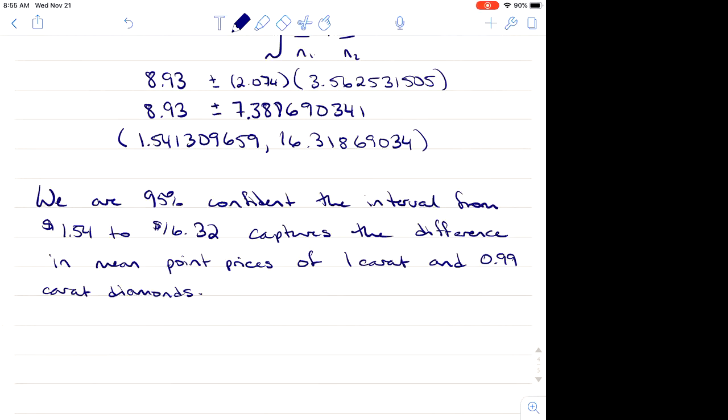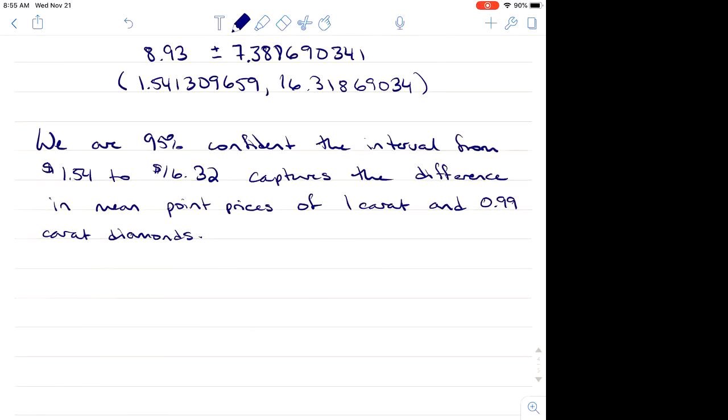If 0 was in this interval, then we would say there's no difference between these two groups. Because this interval is consistently above 0, we say that no, there is a difference. In fact, the 1 carat diamonds are higher than the 0.99 carat diamonds.